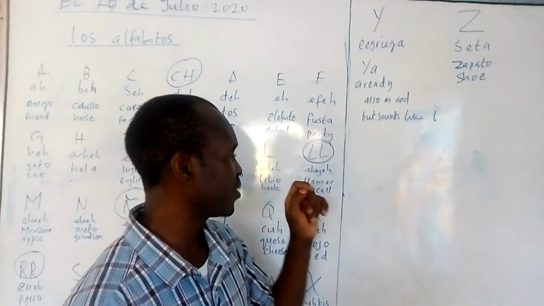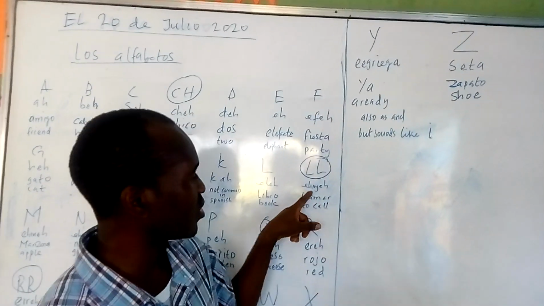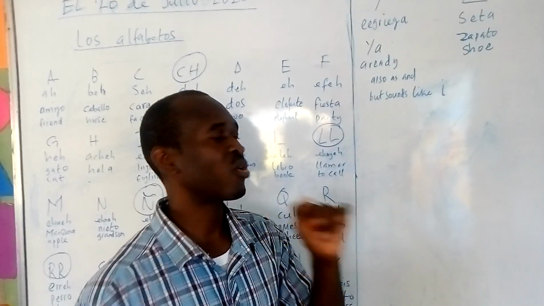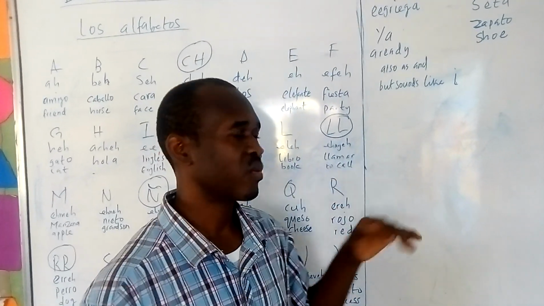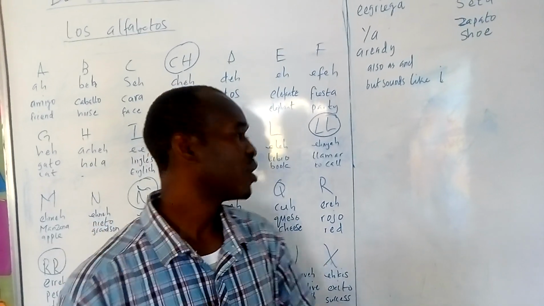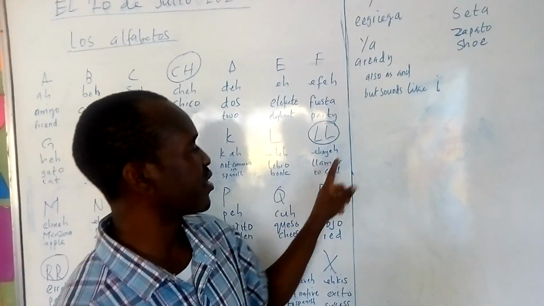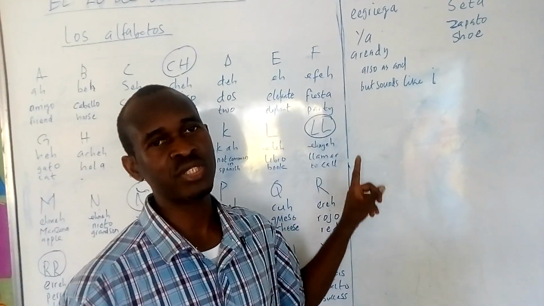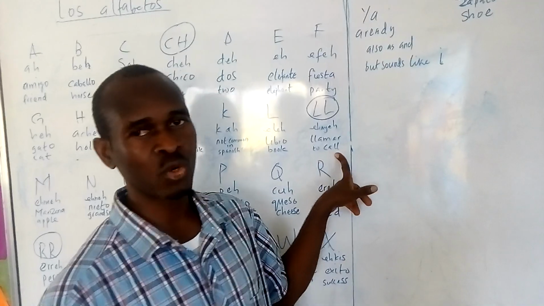It produces a j sound, or it produces a y. When you speak faster, it produces more of the y sound. All right, you have it in llamar, which is to call, the verb to call.